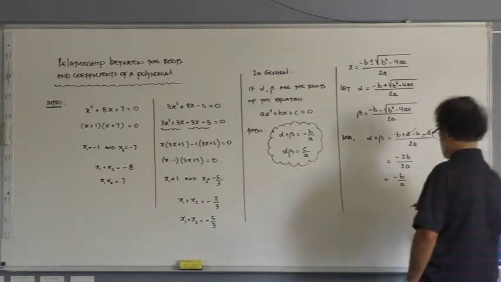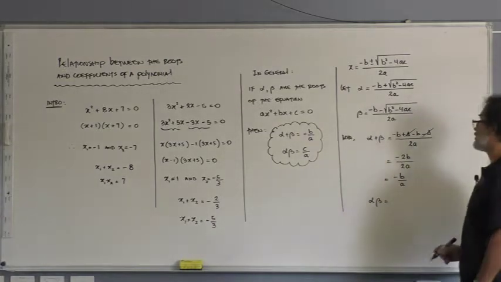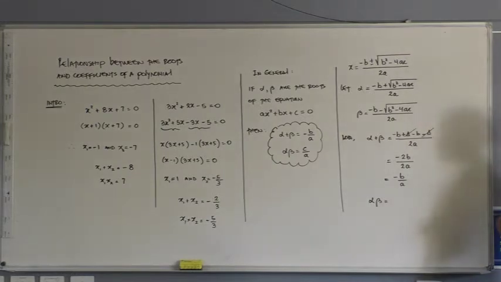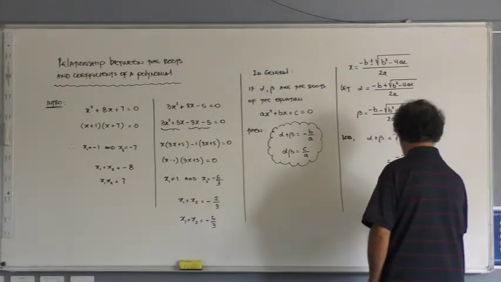Now we're going to do the multiplication, alpha multiplied by beta. This time I'm going to write the whole thing.